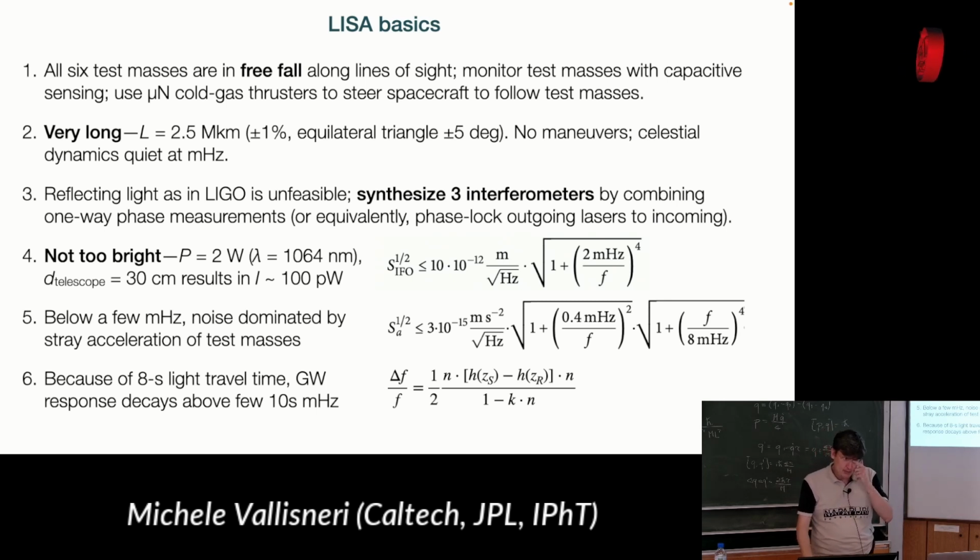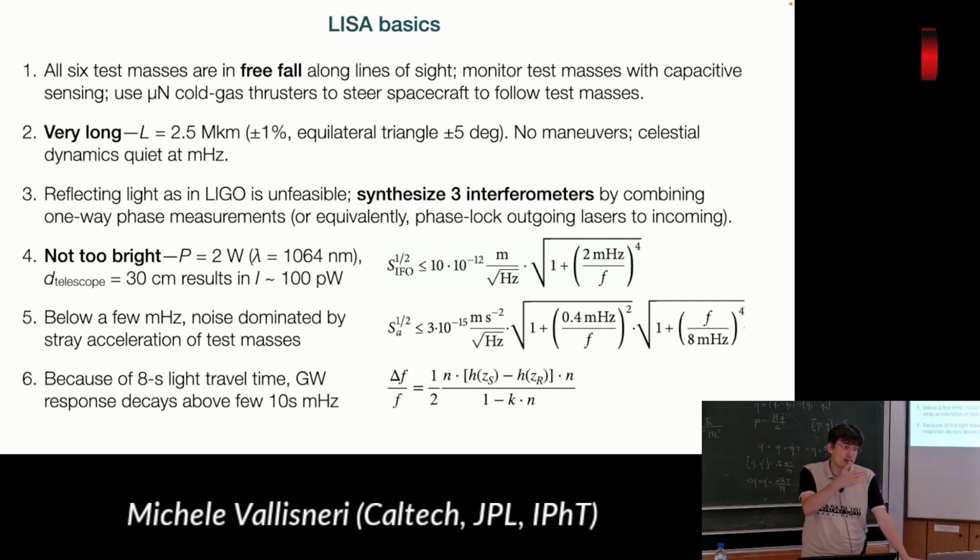So you get very little power, so there's no way you can reflect it back and do either a Fabry-Perot or even a Michelson interferometer. So what you do is you measure it with a local photodetector, and you phase lock the outgoing laser to the incoming one. So you kind of create a mirror with electronics. That's one way of thinking about it.